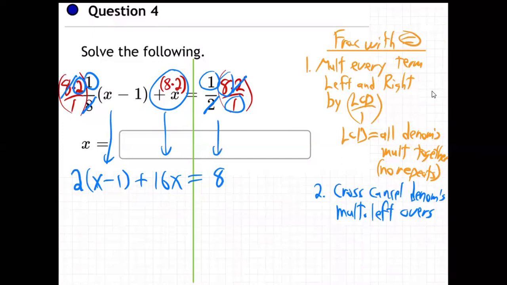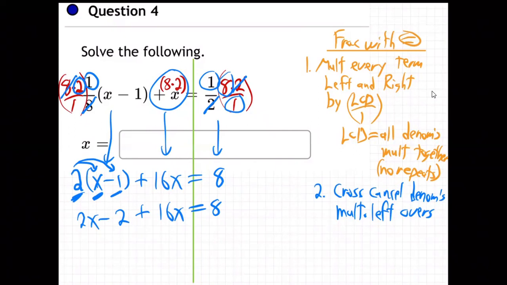All right, now you know the rest from here, right? We just distribute through parentheses. Whenever we have a number outside of parentheses, we take that number or a letter or a negative sign, and you multiply both the things on the inside one at a time. 2x minus 2. I just distributed that too.